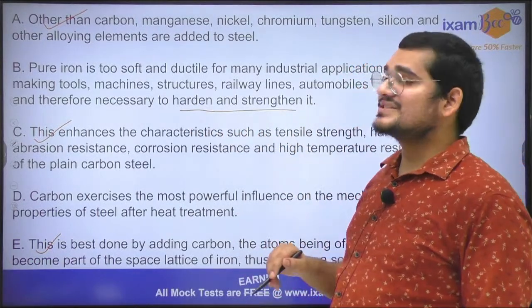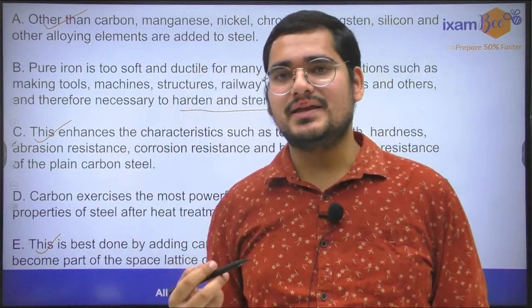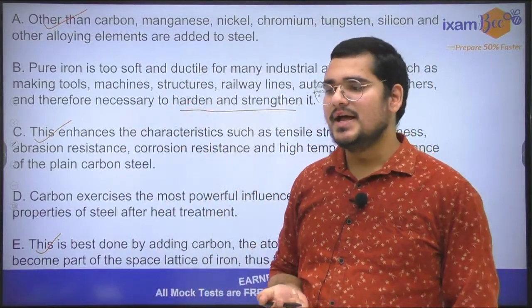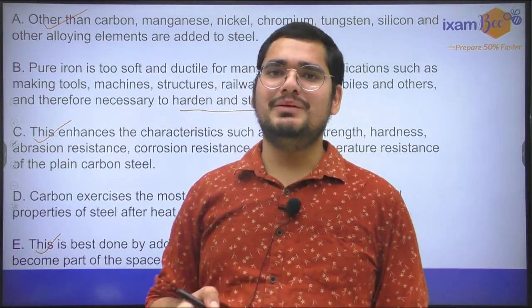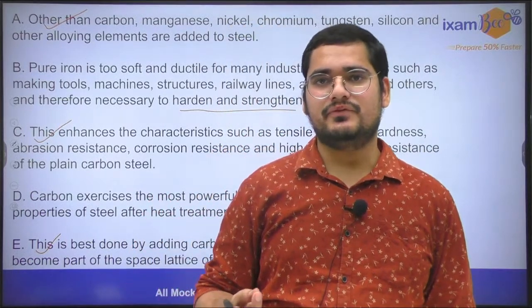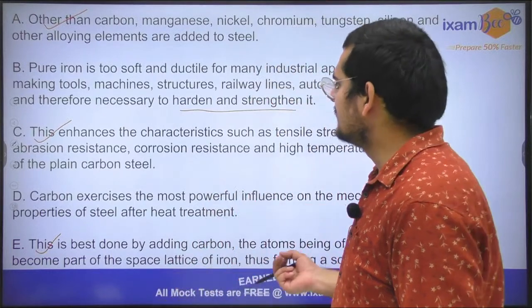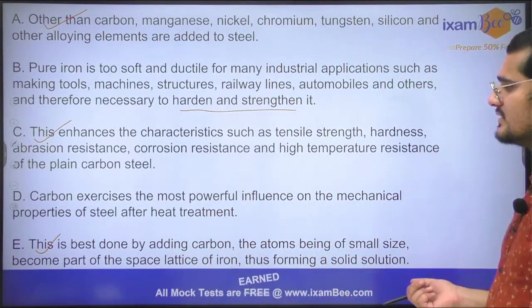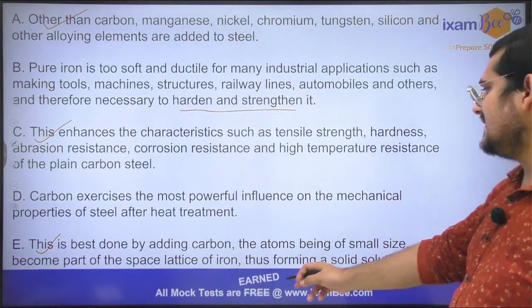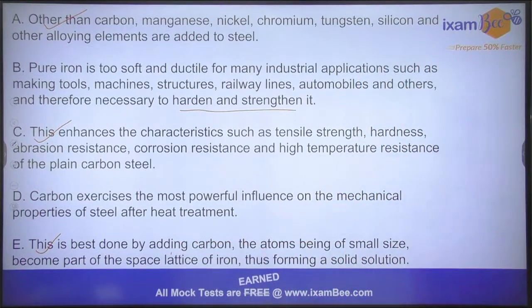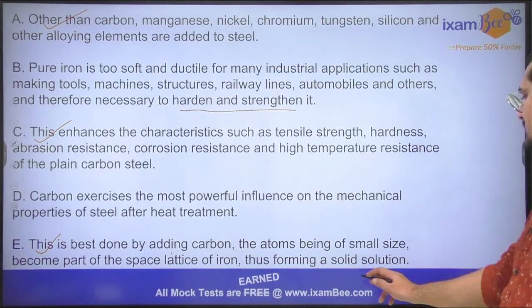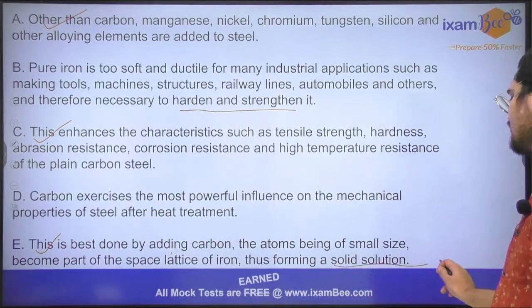So now we get a sense that the next sentences must talk about how we can make that iron tough or hard, right? Can we see where it talks about that? We see E. Read it. This is best done by adding carbon. The atoms being of small size become part of the space lattice of iron, thus forming a solid solution.